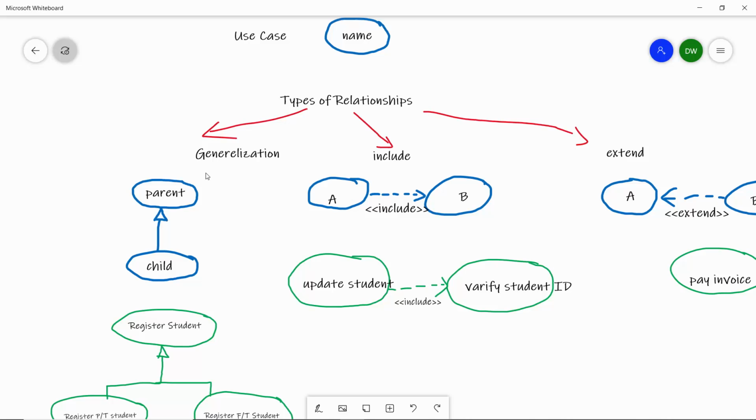In generalization, we have a relationship somewhat like a child and parent relationship. You already know about inheritance. So the child will inherit features from its parent. Therefore, when we have a child-parent relationship, we call it a generalization.